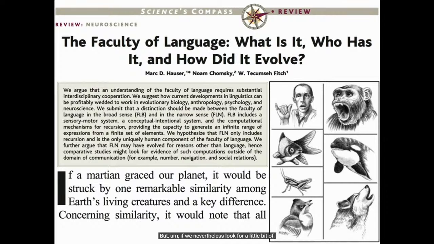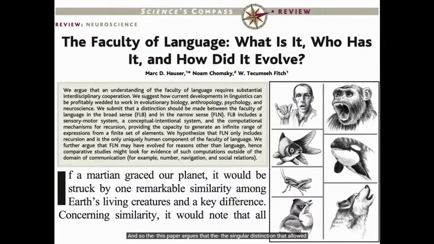But if we nevertheless look for a little bit of insight on that, this is a recent paper of Chomsky's with co-authors, and they're trying to give a version of what is unique about human language. Essentially what they zero in on is that, looking at humans versus other fairly intelligent creatures, they suggest that the defining difference of human beings is that they have this ability to model recursion.